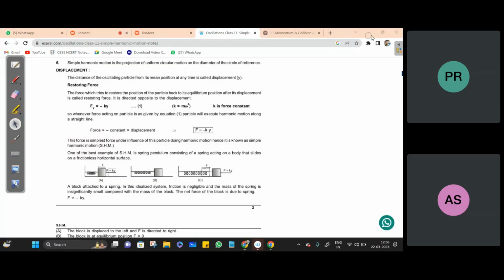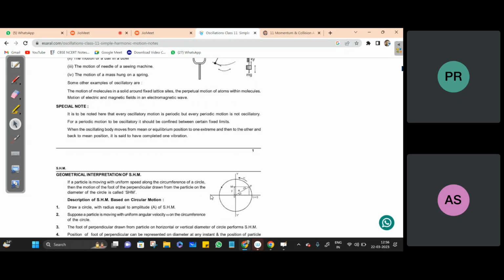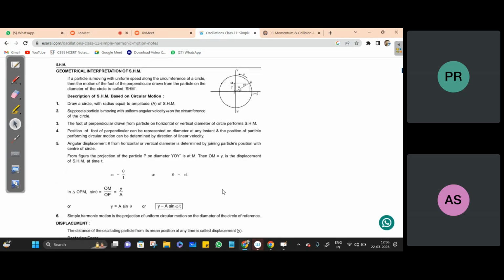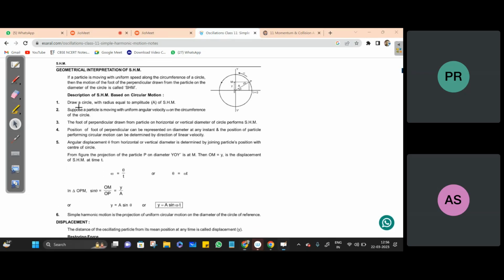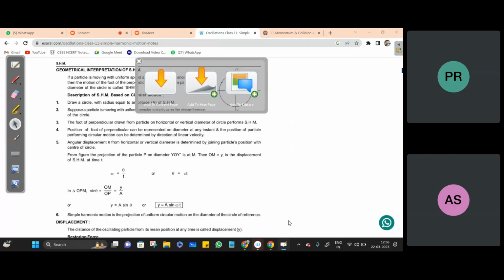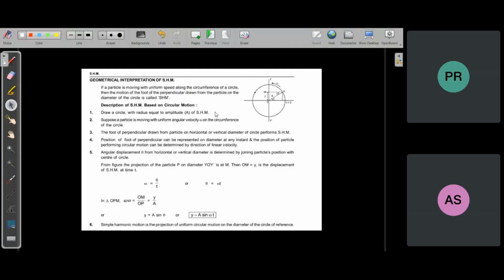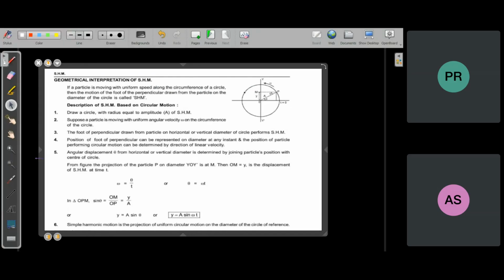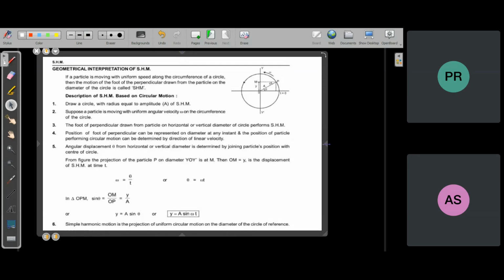Okay, now let's go to the next. Once we have defined what SHM is and the differential equation of SHM, let's do one thing. Let's take a particle which is going in a circle.